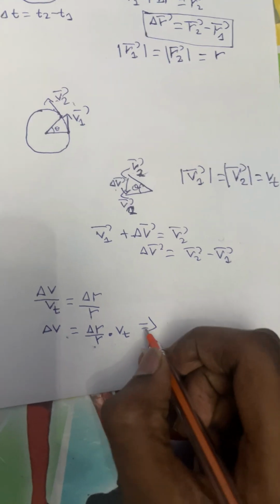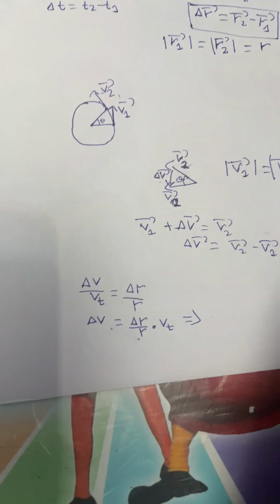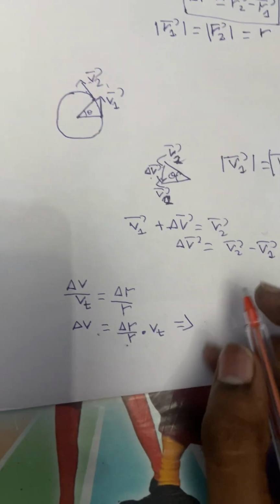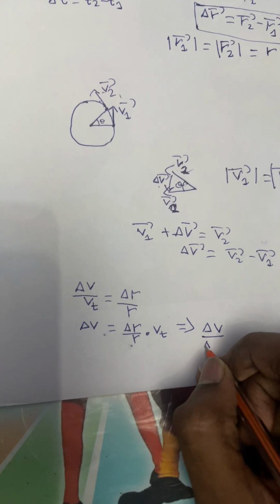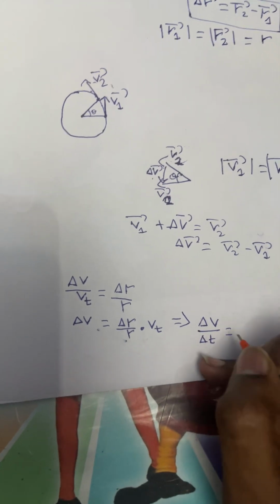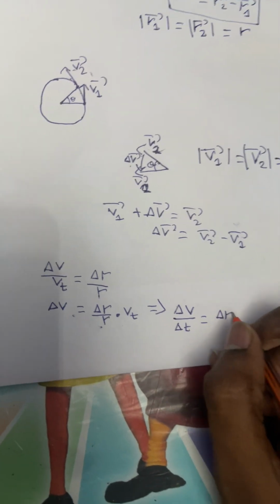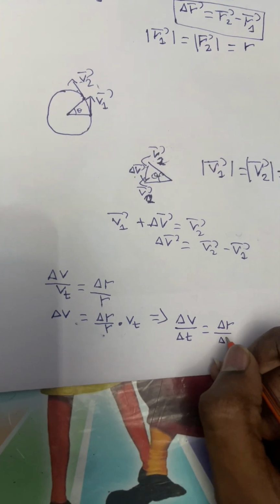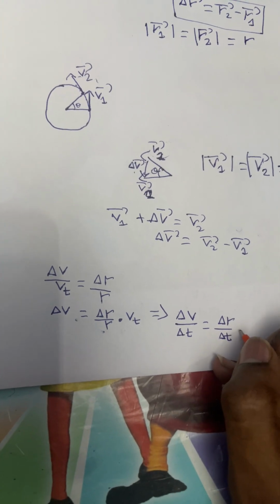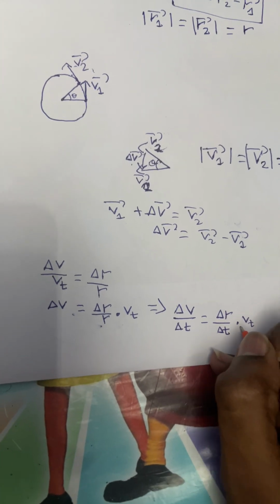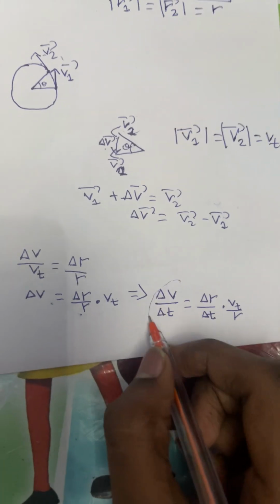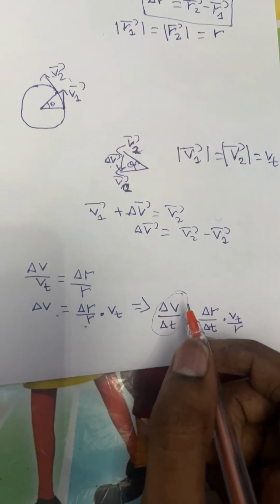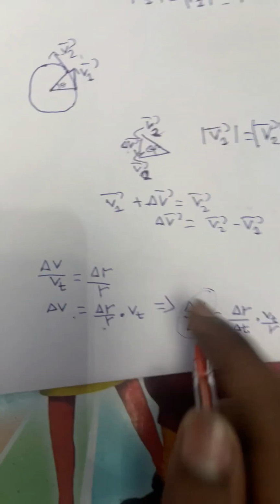So we can divide by delta t on both sides, right? So delta v by delta t equals delta r by delta t into v_t by r. As generally change in velocity by change in time is acceleration, right?